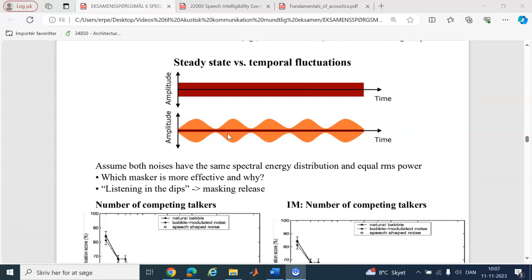Assume that both noises have the same spectral energy distribution, the same dB per hertz, and equal RMS power. Which masker is more effective and why? It is the temporal fluctuations. It's easiest to hear speech in this kind of noise, because listening in the dips gives some masking release.